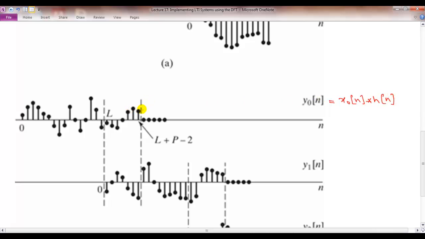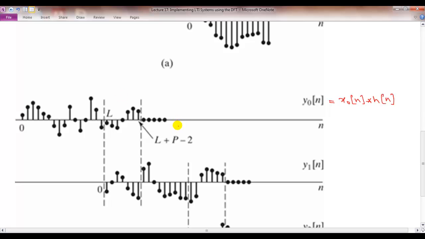So this is of length L plus P minus 1. It goes up to index L plus P minus 2. So the first L samples are fine. You get a new block, you output L samples. But the last P minus 1 samples, you hold on to them. You don't output them because you don't have the correct solution yet.